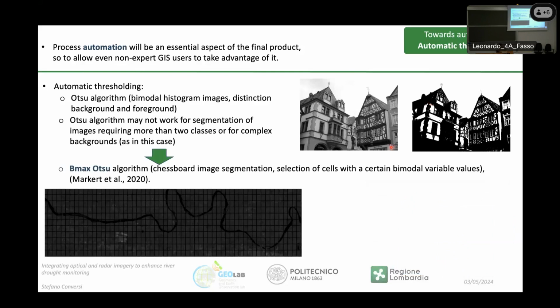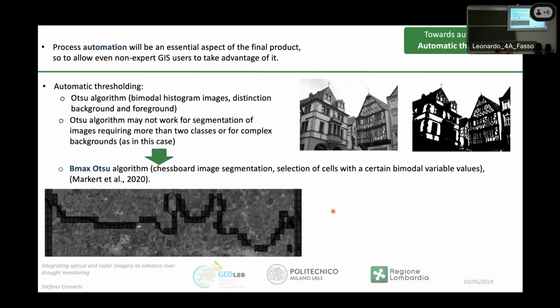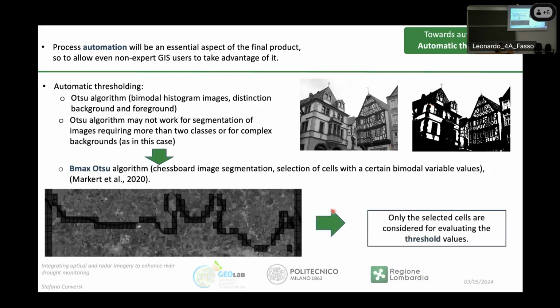I hope you can see it from the image. So we have this division in cells of the overall image, and then the bimodal variable is estimated for each of the cells, and only the cells that result to be bimodal are used for establishing the thresholds. Okay, so this is the main concept for trying to automatically extract water information from the three input bands.